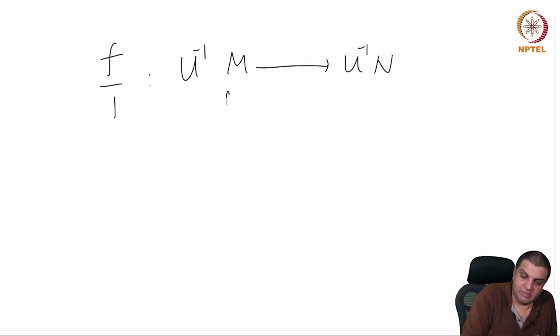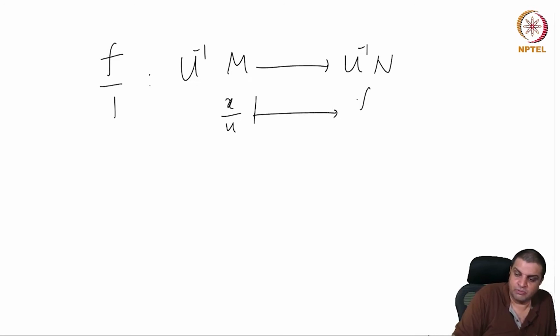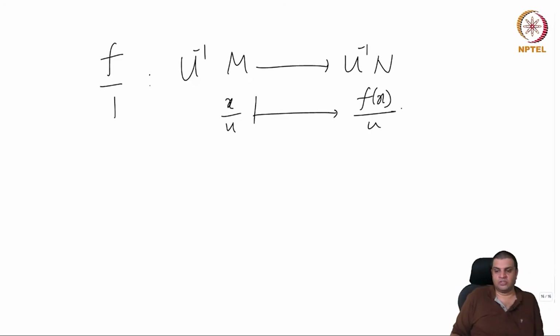Here are elements of the form x over u, and this gets mapped to f of x over the same u. So this is U inverse R linear, and any such f gives such a map.